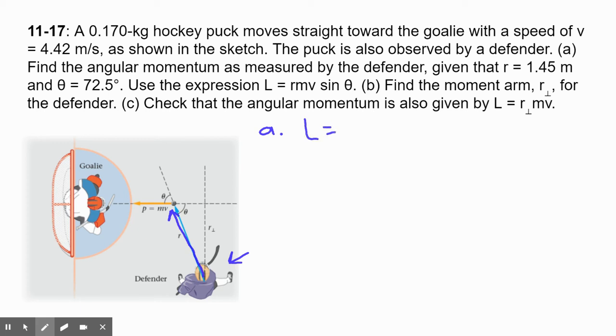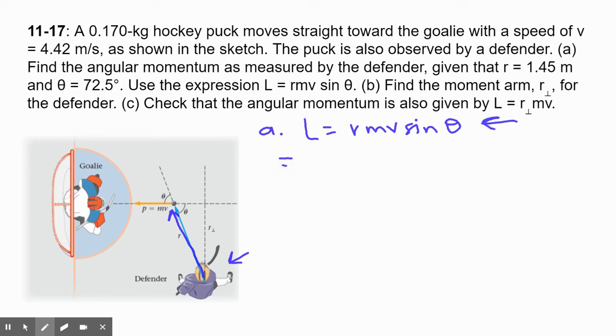And that is L equals RMV sine theta. So we can't just use L equals RMV. Again, the most difficult part was just making sure you use the correct equation. But once you choose the correct equation, this is very straightforward.